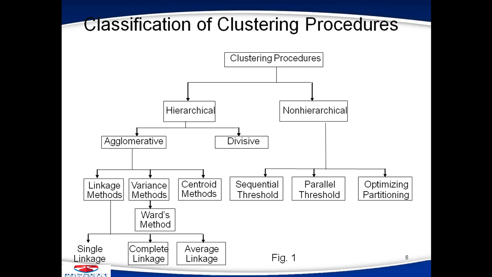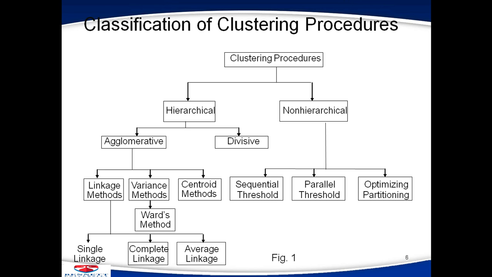Next is the classification of clustering procedures. Clustering procedures are basically divided into two parts, hierarchical and non-hierarchical. In the current presentation we will discuss only the hierarchical part. In the hierarchical we see the hierarchy. Agglomerative and divisive are the two types of hierarchical, and the agglomerative part is further divided into three: the linkage, variance, and centroid methods.